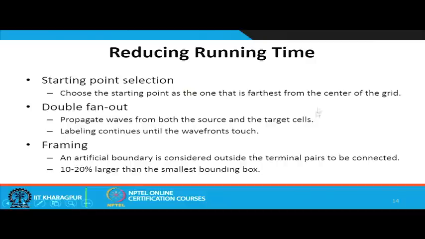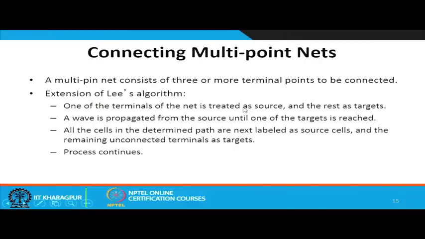You define or choose some maximum number m, you do not allow your label to go beyond m, because you know that your maximum length of the path is expected to be within m only. So, if you have an idea regarding that m, you can also take that m as a parameter. Your wavefront will not go beyond m. Okay. So, these are some approaches you can use for reducing the running time.